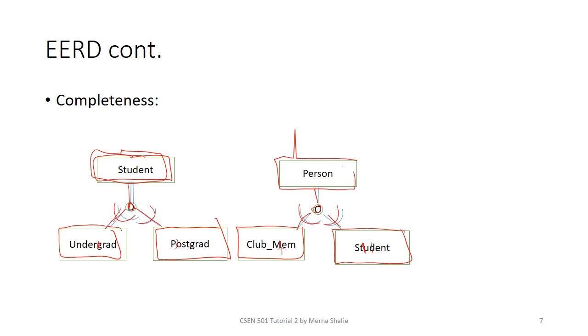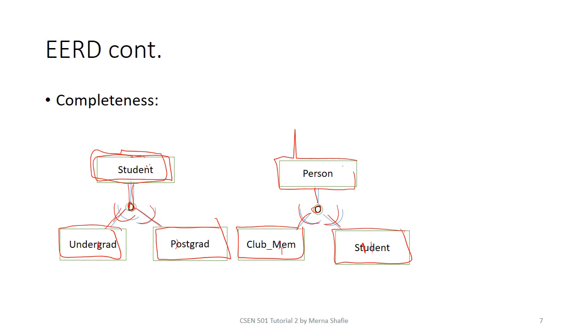Hence I will draw two lines here from the superclass to this circle, the circle of the disjointness. وده معناه بيقول لي ايه two lines دول؟ ان all the students are either because of the D, the disjoint, are either one of those two types, either undergrads أو postgrads.